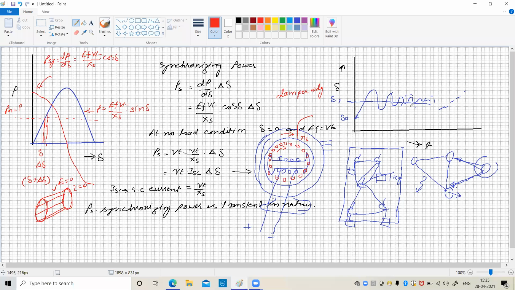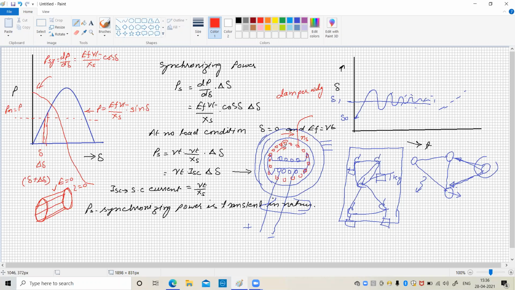This is the oscillation which we have shown here. Because of this oscillation, there is a relative motion between the rotating conductors and the synchronous flux, isn't it? So there is a change in speed between the magnetic flux and the rotor bars, so it will induce some EMF.